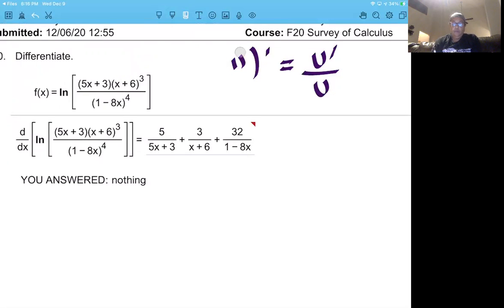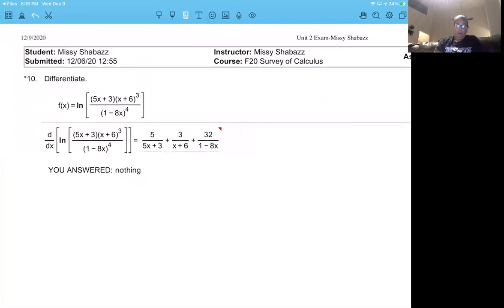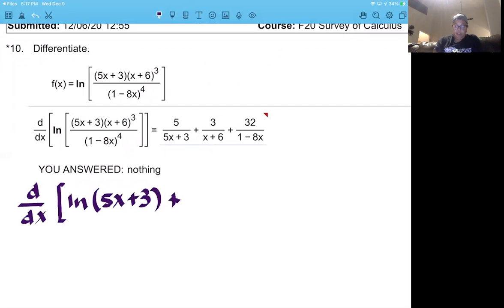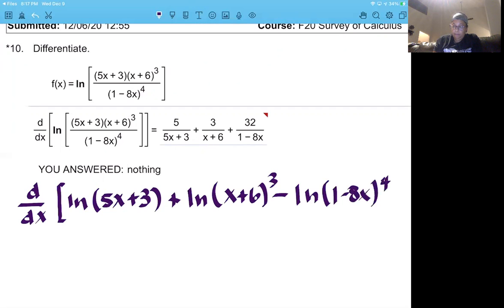The idea on this one was to use logarithmic differentiation, meaning what I want you to do is use your laws of logarithms to rewrite it and then take the derivative, right? So I can rewrite this, let's just separate the product. So 5x plus 3 plus the natural log of x plus 6 cubed, and then subtract the denominator, the natural log of 1 minus 8x to the 4th.